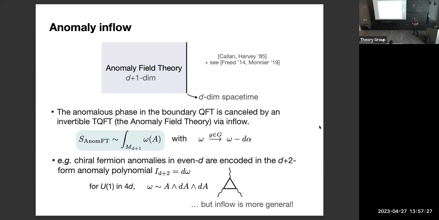as the anomaly field theory for lack of a better term, which is invertible via anomaly inflow.